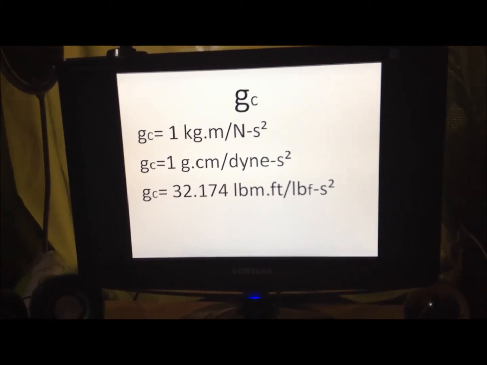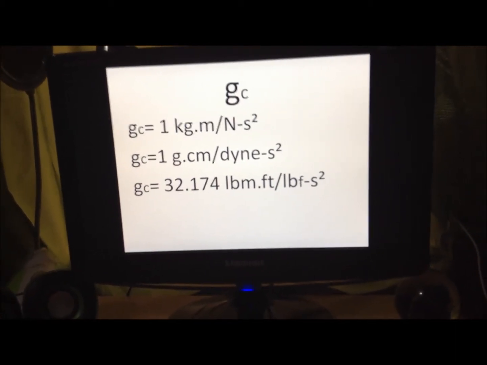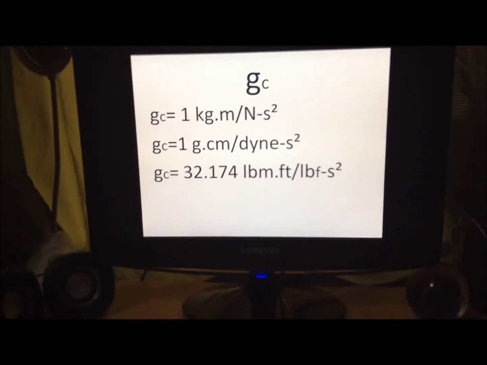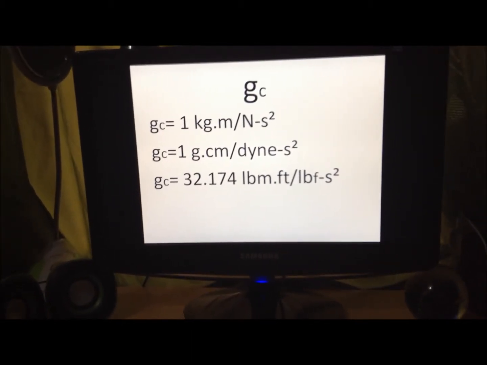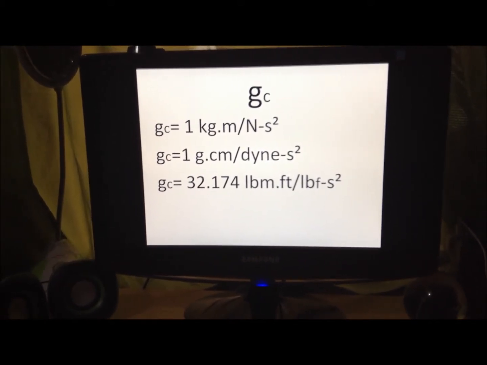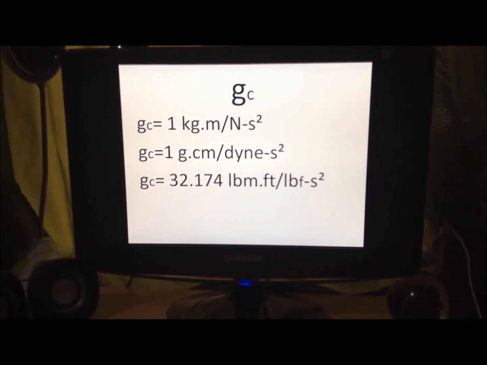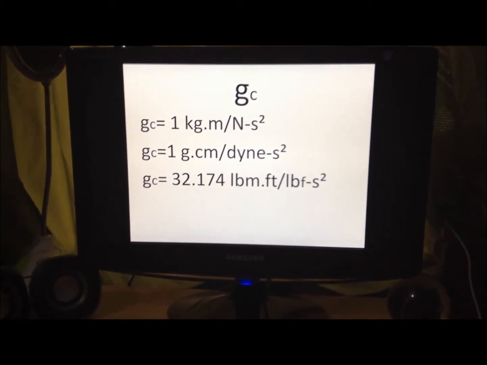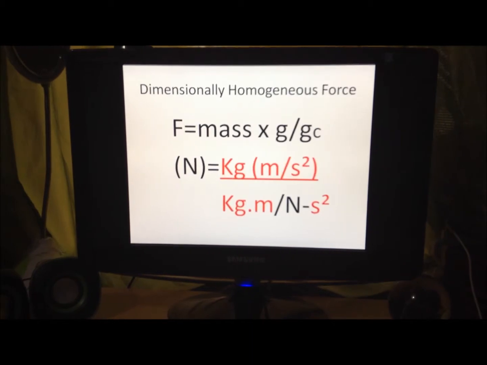So we define another variable, which we call the G sub c, which is equal to 1 kilogram meter per Newton second squared, which is also equal to 1 gram centimeter per dyne second squared, which is also equal to 32.174 pounds mass feet per pound force second squared.